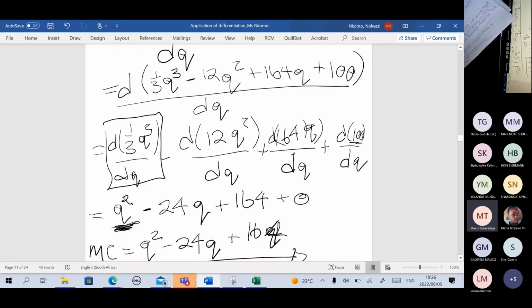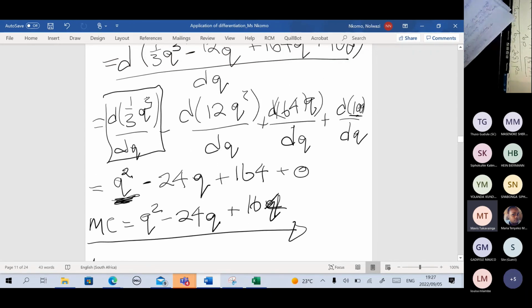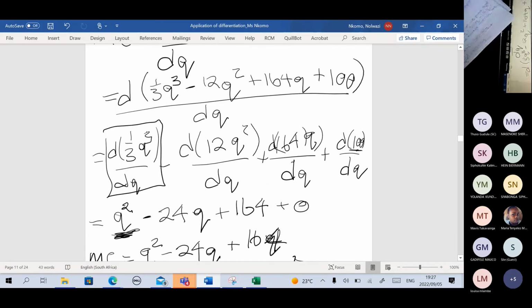Maybe if we start from the beginning, that 1 is our constant. Like when we have x, it's 1x or just x. That's where we're getting the 1. Am I correct? What was our original equation? Is it 3 cubed or 1/3 cubed?